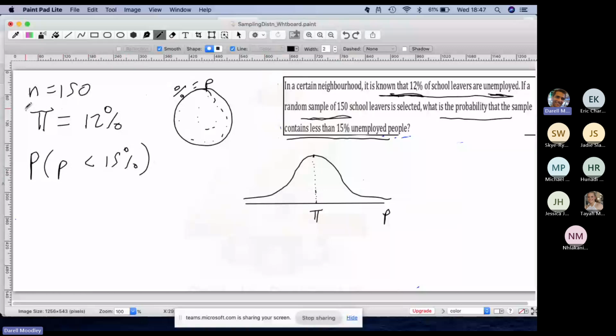Now, what is our true value that's given to us? It's 12%. So that means this true value is 12%. And they're asking for the probability of P being less than 15%. So 15% is on the right of this. It's more than 12%. 15 will be somewhere here.